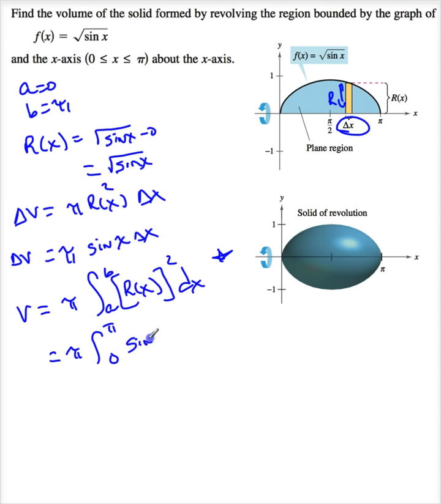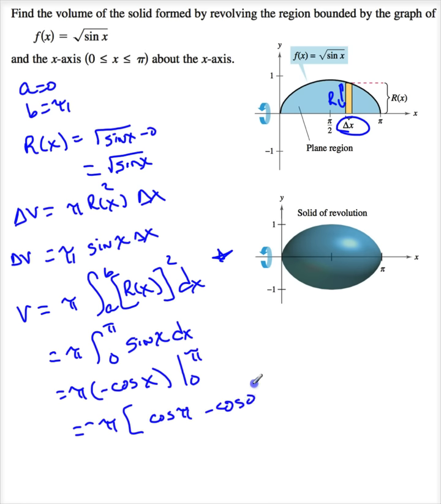Sine of x dx. So this is going to be pi. The integral of sine is minus cosine. It's going to be evaluated from 0 to pi. So this is going to be minus pi times the cosine of pi minus the cosine of 0. Now, this is going to be minus pi times negative 1 minus 1, or 2 pi.